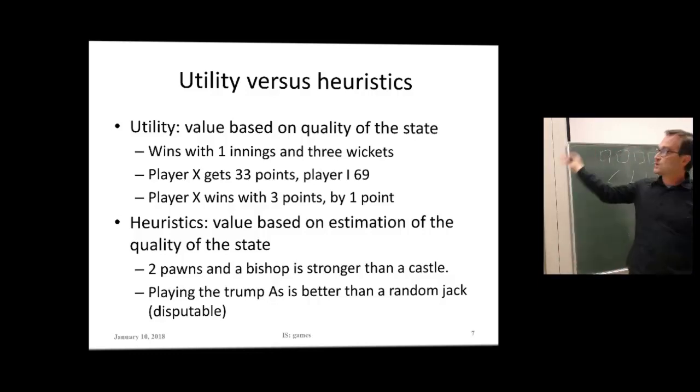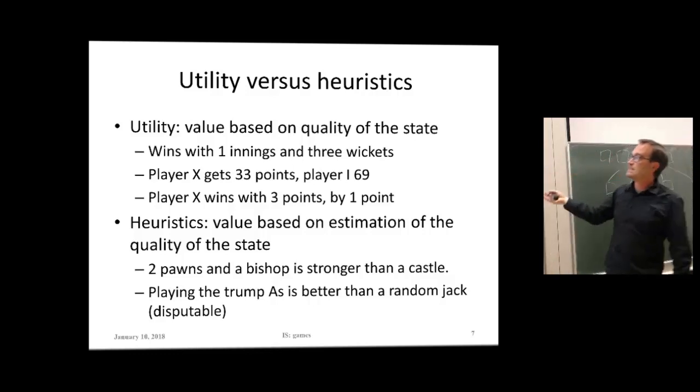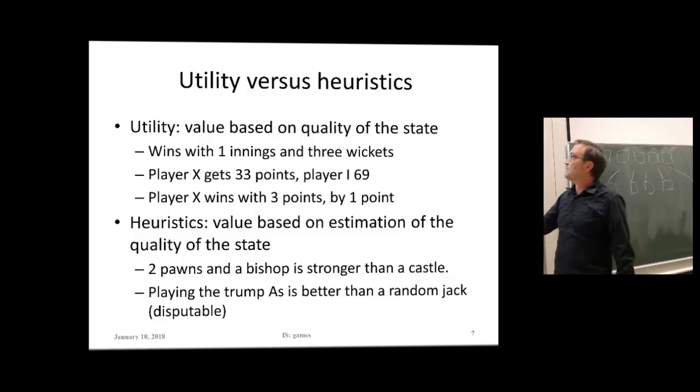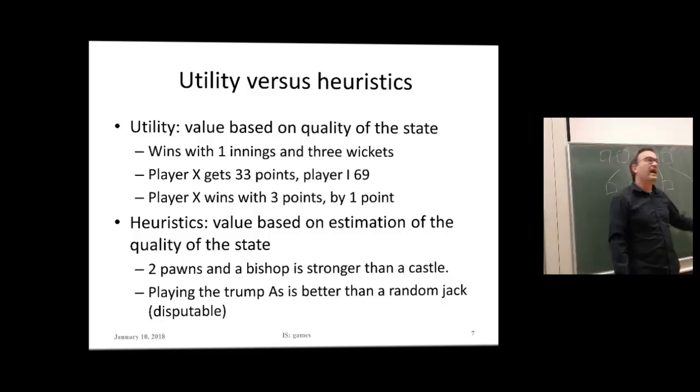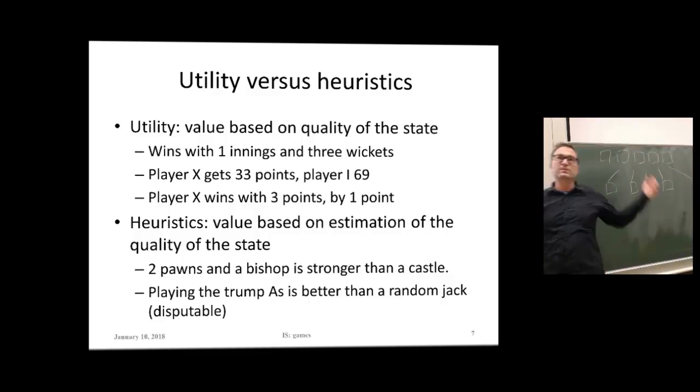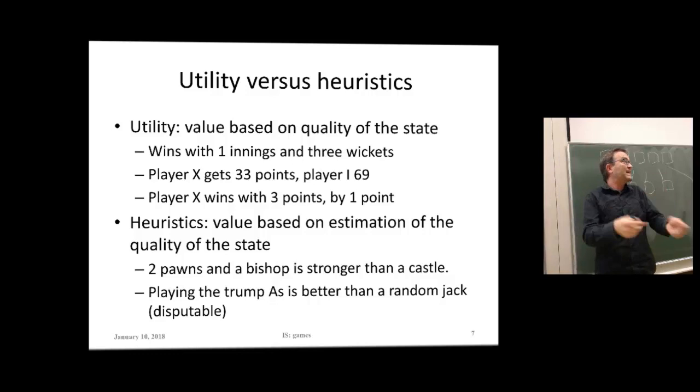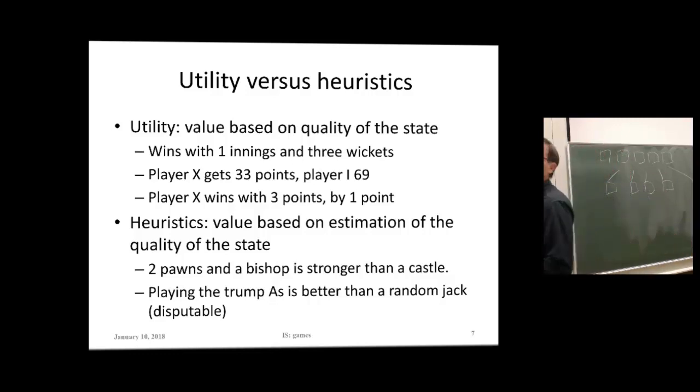And that is what we call the utility value. It wins by an innings and 3 wickets. Player X gets 33 points, player I gets 69, so she wins. Player X wins by 3 points, or he wins by 1 point. This is something we can really calculate because we have the finite search space for Schnapsen.